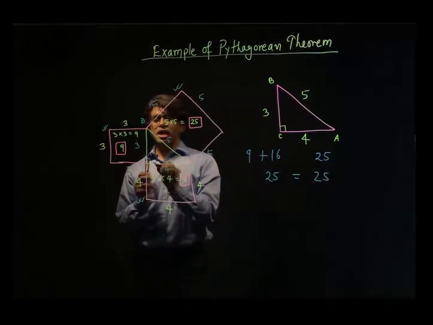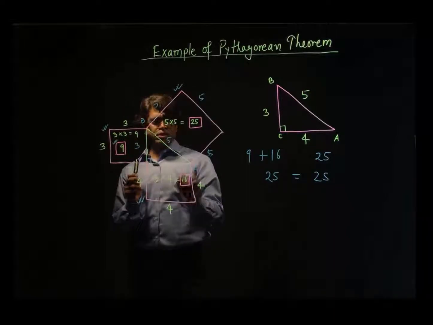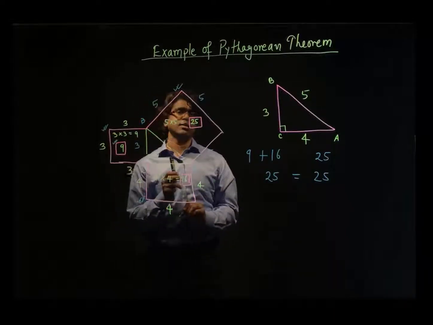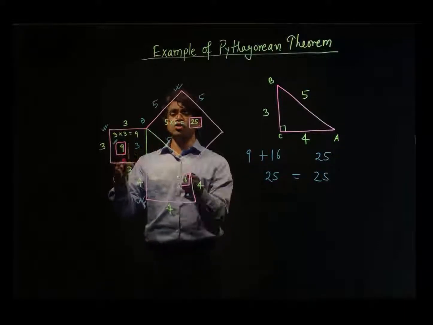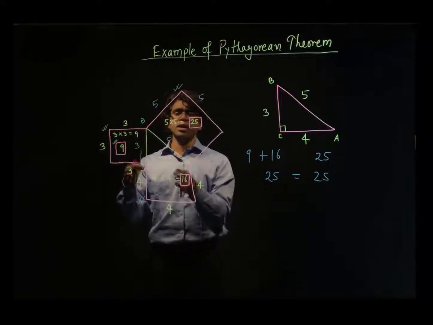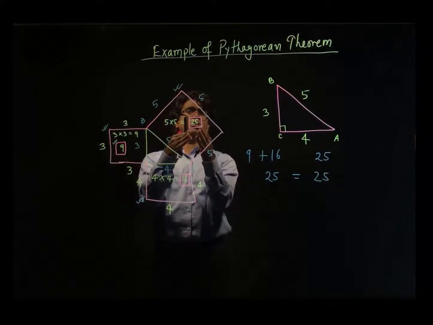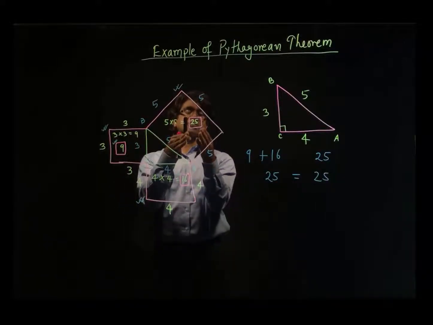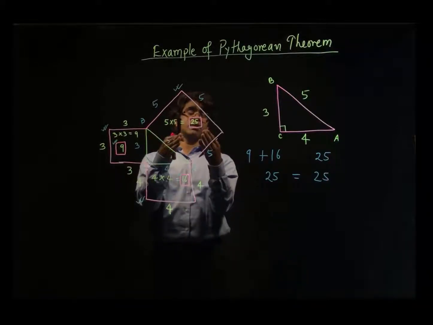So basically, if I draw a square on the two smaller sides of the triangle, then the sum of those two areas is equal to the area of the largest square, on the longest side of the triangle.